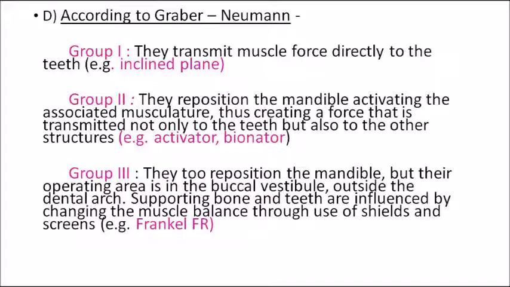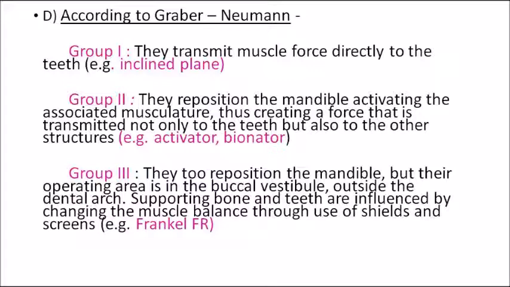So in group 1 and 2, you can see that they are transmitting a force. The first one is transmitting the force directly only to the tooth. The second one is displacing the mandible, stretching the musculature, thereby a force is generated which is transmitted not only to the dentition but also to the adjoining structures. So in group 1 and 2, the force is getting transmitted to the dentition.